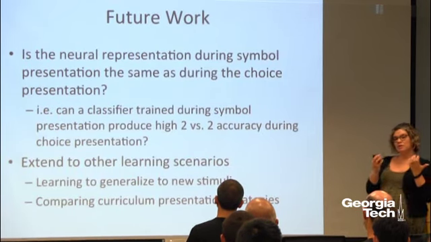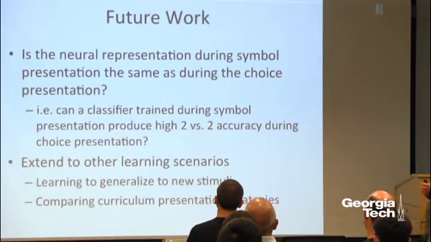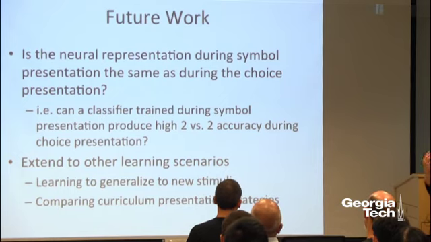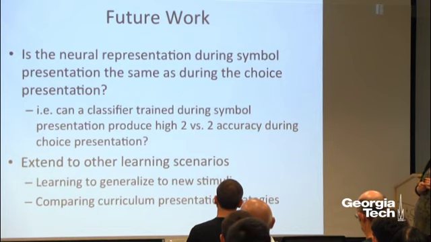So in the future, there's a few ways we could go with this. One of them I've already talked about, which is if we trained a classifier during the time you're reading the symbol, does it perform well if we test it during the time you're reading the actual choices? So is there a similarity between those two representations? We can also extend it to other learning scenarios.